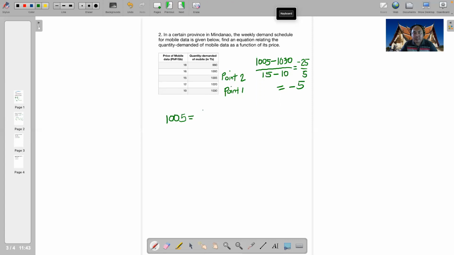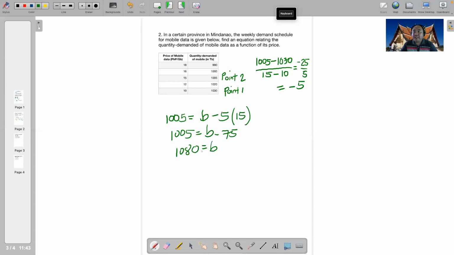So that means that you have a certain constant or the y-intercept minus 5 times the price, which is 15. Right. So, sir, this is 1005 is equal to b minus 75. Or that is 1080 is equal to b.